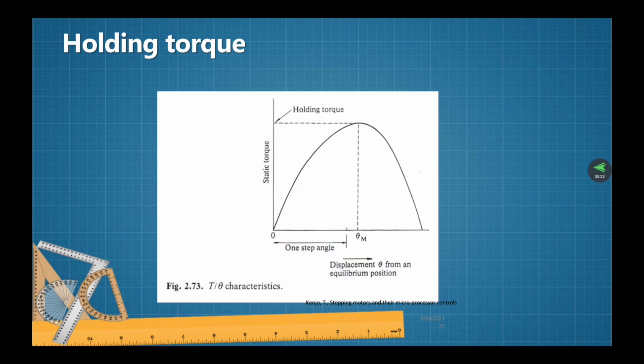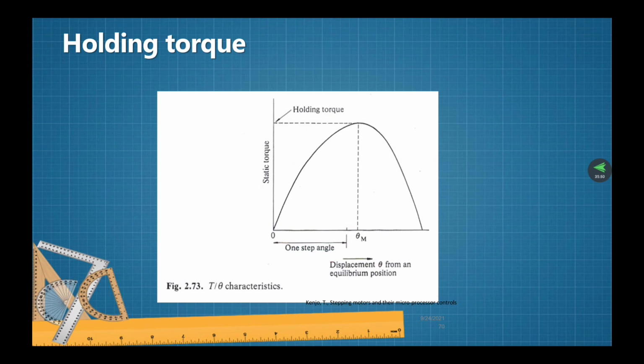When we achieve the position, it's not perfectly precise, but the motor can be displaced with a small torque. When a step is taken, the torque is reduced towards the desired position. The axle moves towards the equilibrium state.